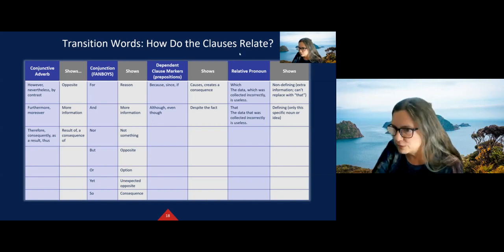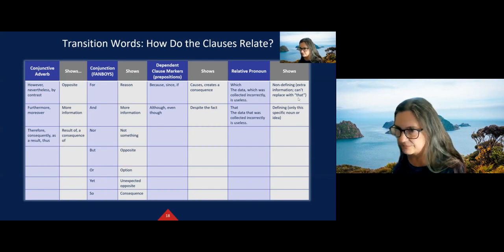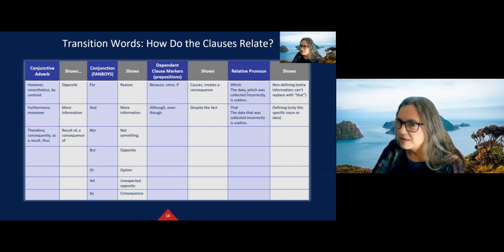Here are 2 words that will become your best friends as you keep practicing: which and that. Which is what's called a non-defining relative pronoun. It provides extra information and it can't be replaced with that. The data, comma, which was collected incorrectly, comma, is useless.